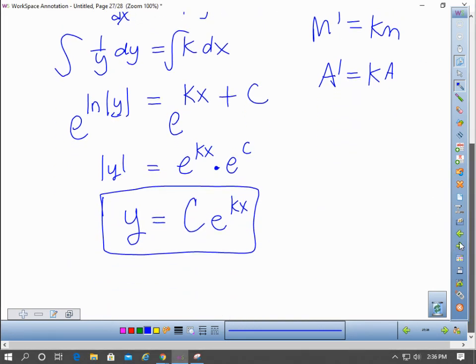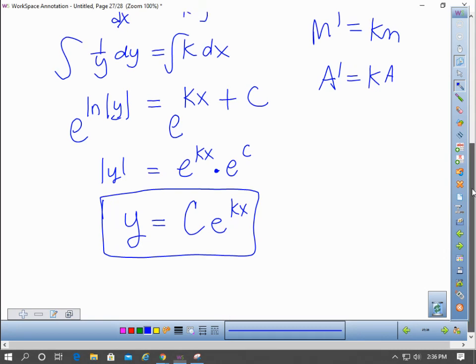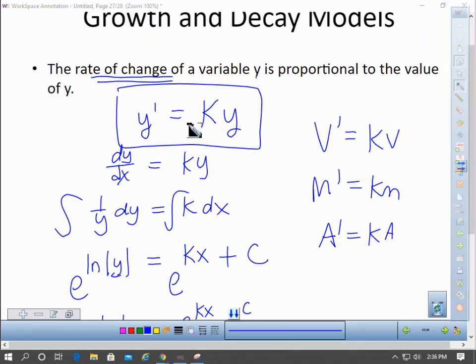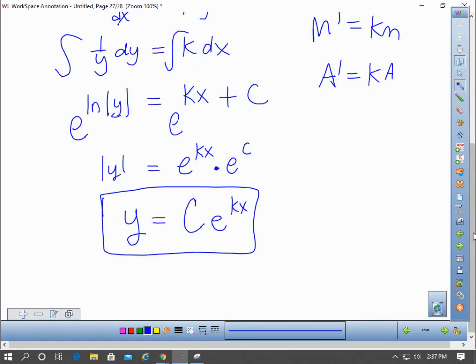When that's the case, then whatever letter was repeated, in this one it's y, in this one it would be v, and in this one m and a, the answer to all of those is that letter equals c e to the k times x. That's what you get every single time.